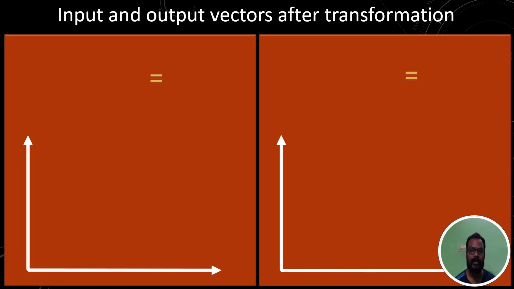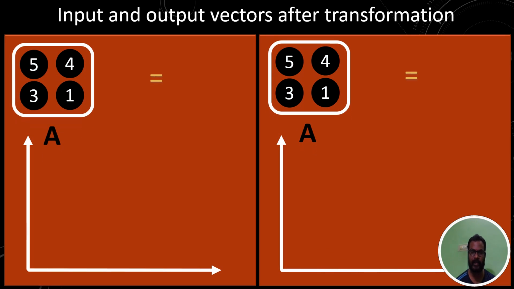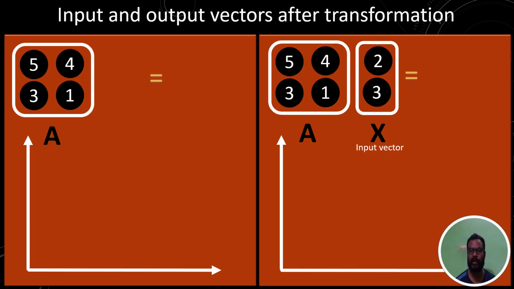Here I am taking a matrix A, that is an n by n matrix, a square matrix. I call this matrix the movement matrix or transforming matrix. I am taking the product of this matrix with a vector, which we call the input vector.